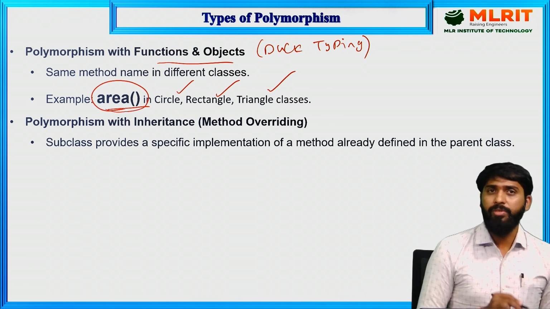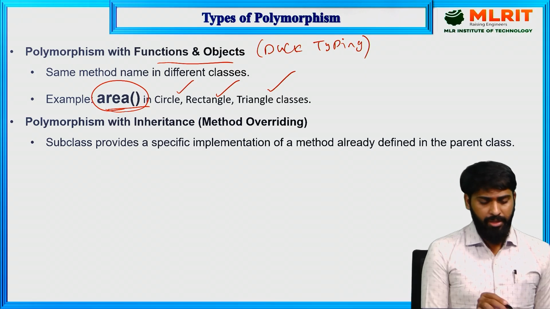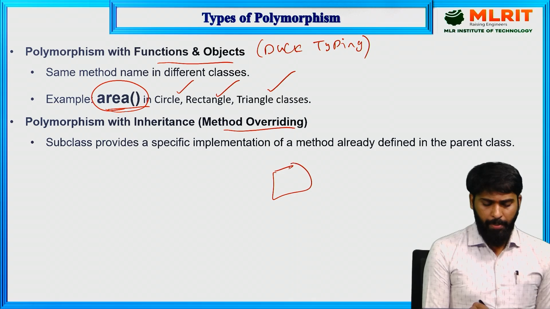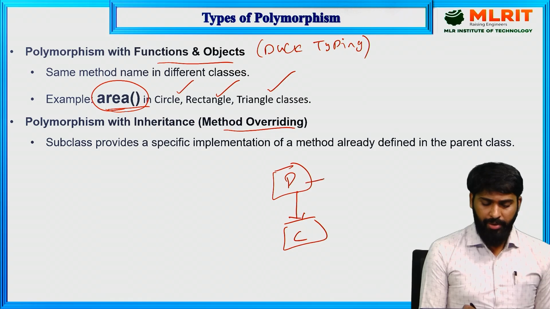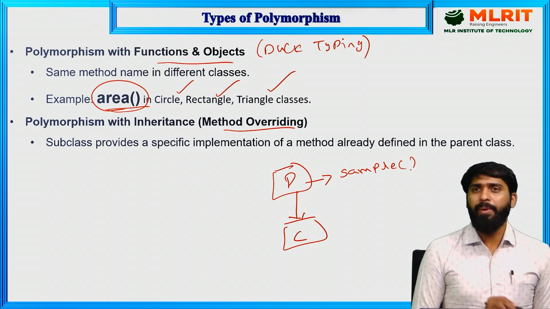Then polymorphism with inheritance, which is method overriding. For example, the parent class and child class both have the same function. Here there is a sample function in the parent.